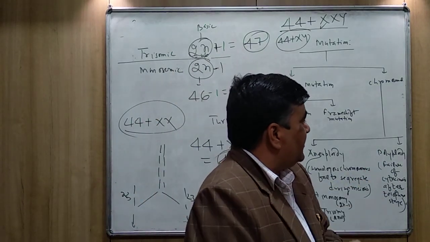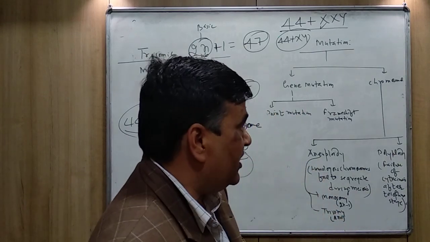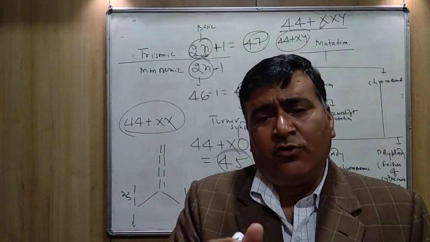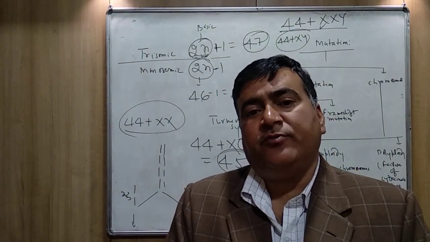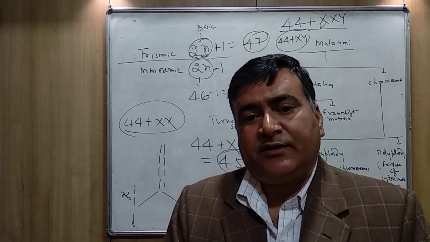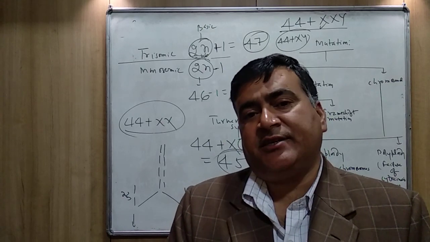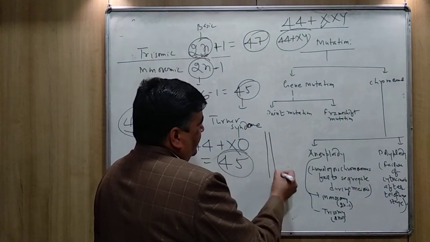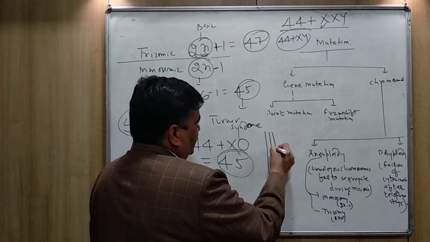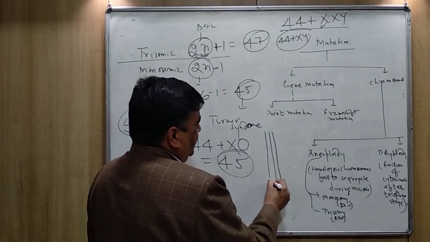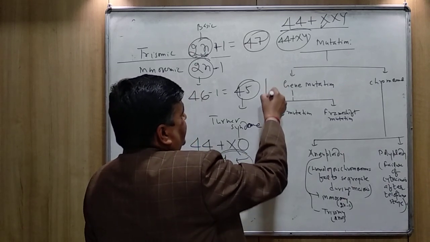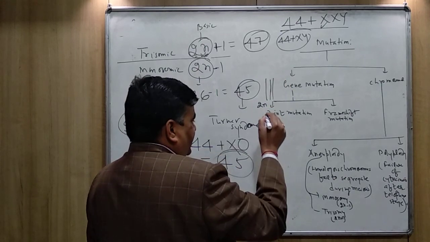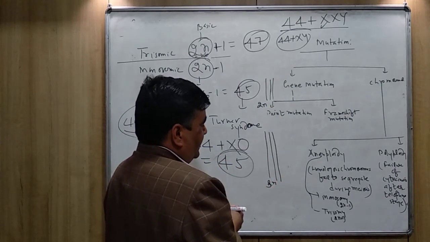Now the second one is polyploidy. What do you mean by polyploidy? In the case of polyploidy, the whole sets of the chromosomes are increased in the basic set of the chromosomes. Suppose we are a diploid organism, 2n, and one more set is added here. If three sets are there, one set added to the normal set, it becomes 3n, triploid.